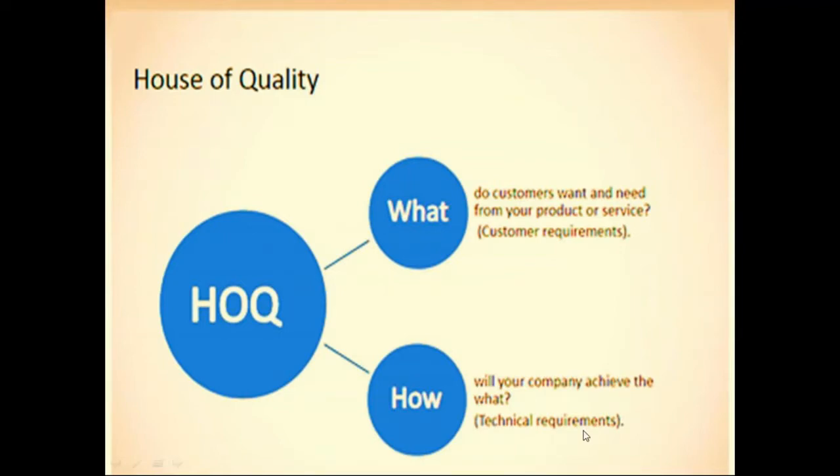The questionnaires that deal with the technical requirements will be given to experts who will again rate or give the relationship between what and how, and we are going to draw it in a single diagram which fits all these requirements, which is known as the house of quality.